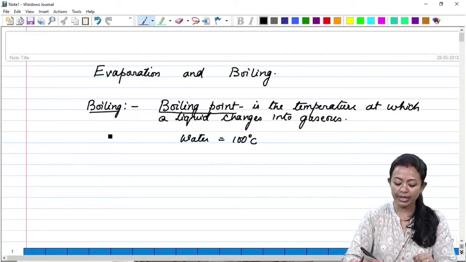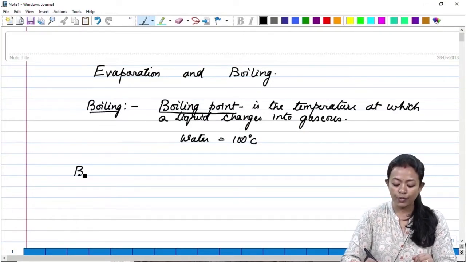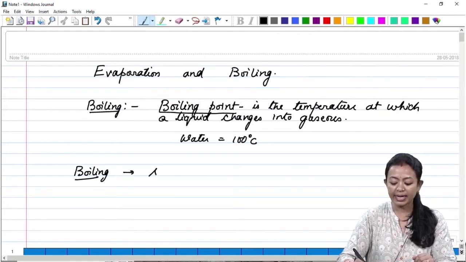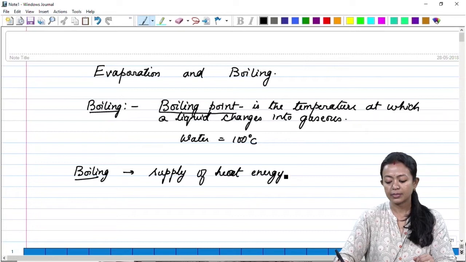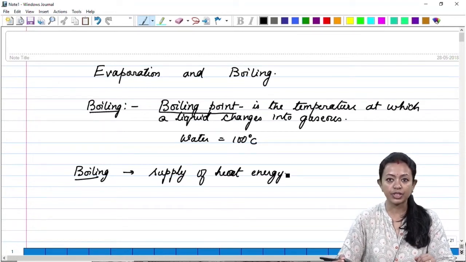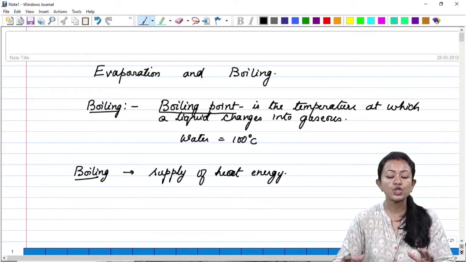In case of boiling, what happens is that you always supply energy. Supply of heat energy is done. By giving heat energy, what are you doing? You are inducing energy to the system.